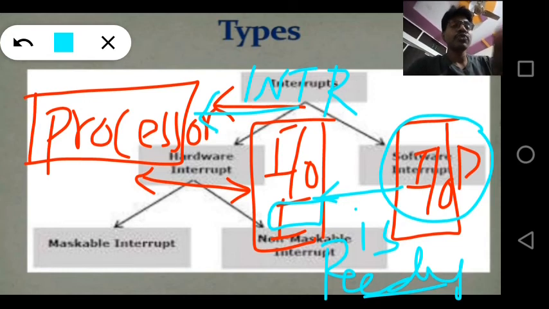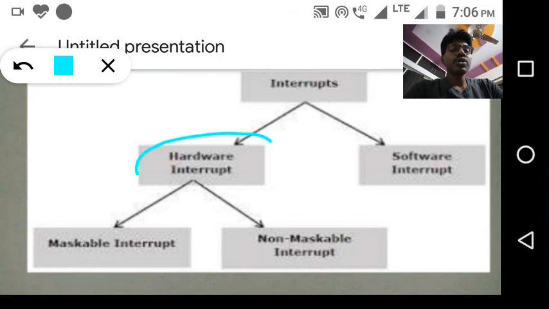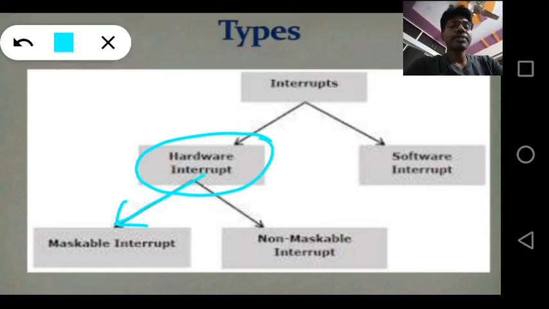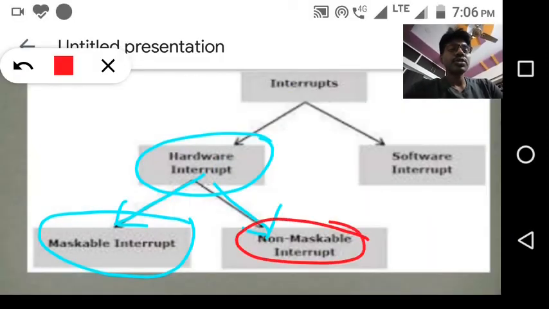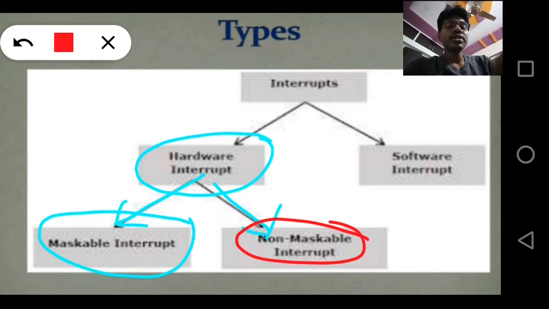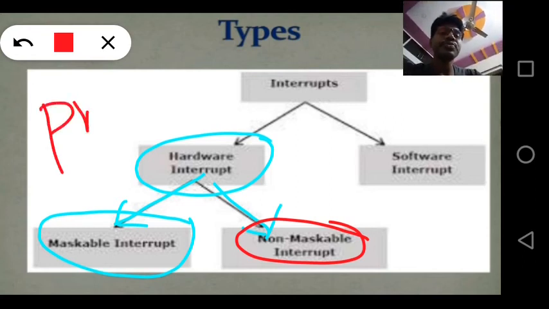There are also software interrupts; we'll discuss that. The hardware interrupts are of two types: one is maskable and the other one is non-maskable. It is in the hands of the programmer.